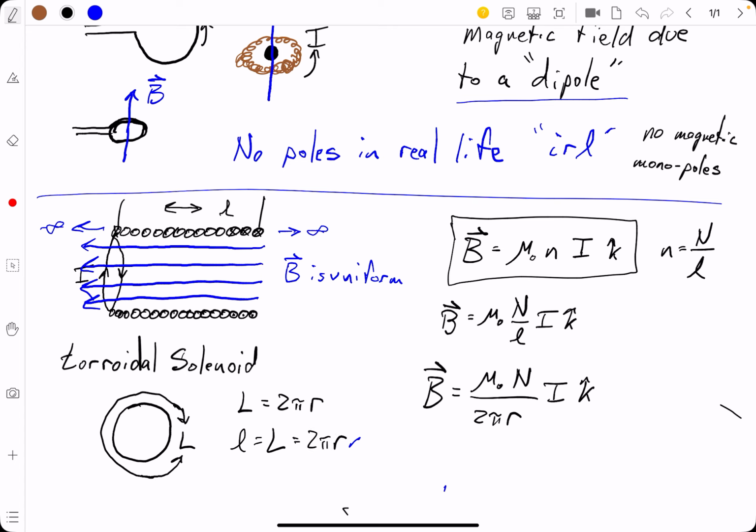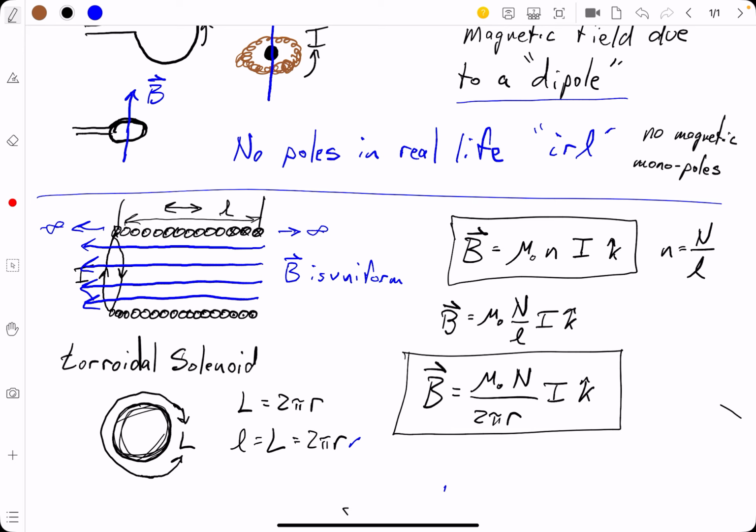So the length L that we choose in this direction has to be the same as the length around the circle in this direction. So that's the only way this works. And if that's the case, then we have this thing here, which is what I want to end on.